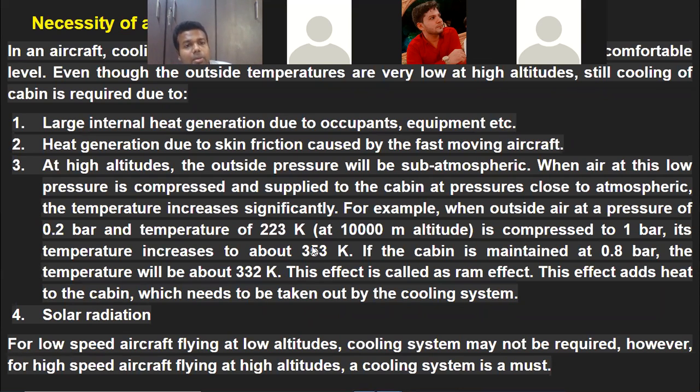But at 0.8 bar the temperature drops down to 332. Due to that difference, heat is added. That added heat is called the ram effect, and that heat we need to take out. That is the reason why air cooling is required.